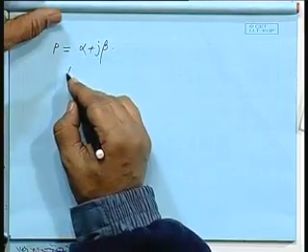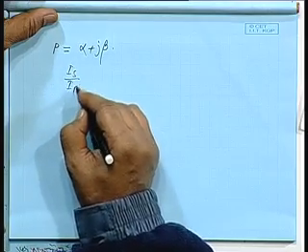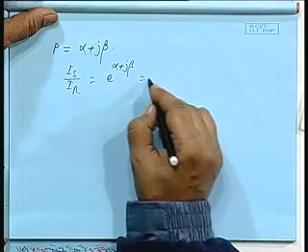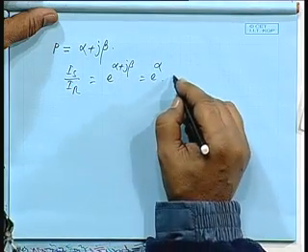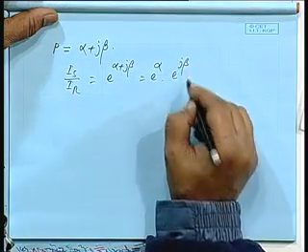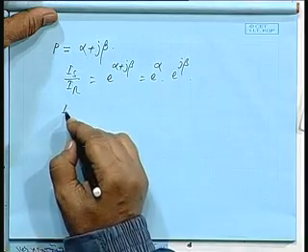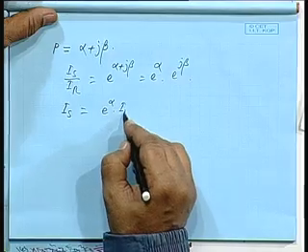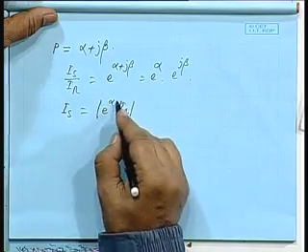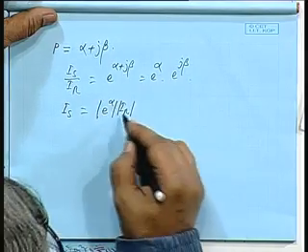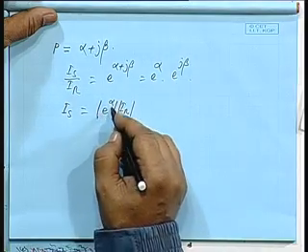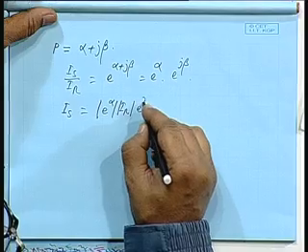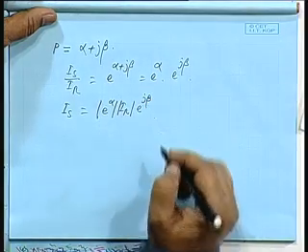That means IS by IR is basically e to the power alpha plus j beta, which means e to the power alpha, this is the magnitude part, and e to the power j beta. What does it mean? IS is equal to e to the power alpha times IR in magnitude. So, the receiving end current gets multiplied by e to the power alpha to give you the magnitude of IS, and with a phase shift of beta.